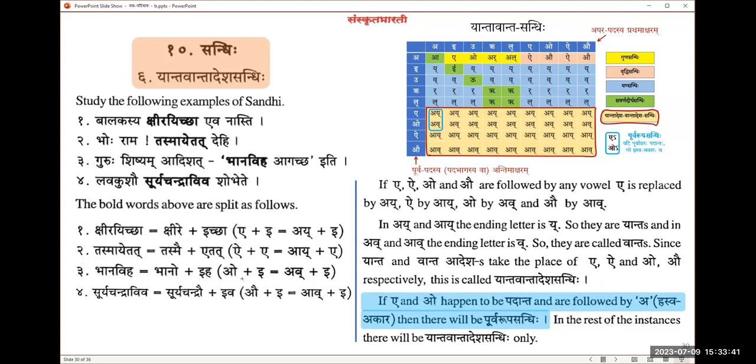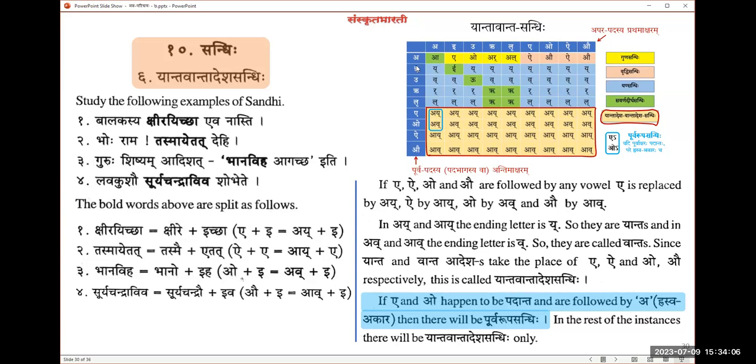Any questions? Sir, one question. In Purva Rupa Sandhi, e and o are followed by hrasva a, but only padanta e, padanta o. Yes, but suppose instead of a, it is hrasva i or hrasva u.